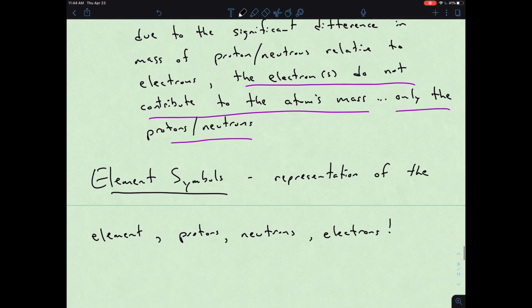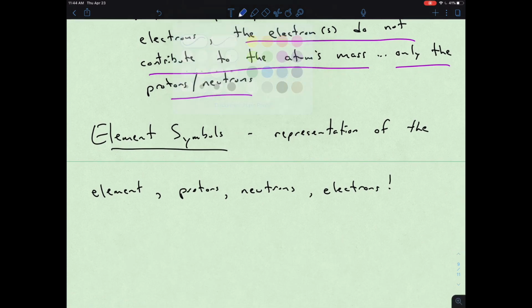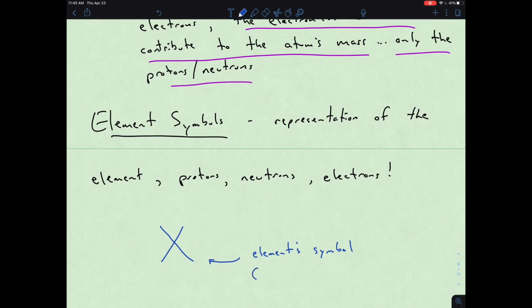And so we tend to look at something in terms of having X, and X is basically standing for the element's symbol. This is 1, 2, 3 letters. We're going to get into three-letter codes to help us with what element we're talking about.